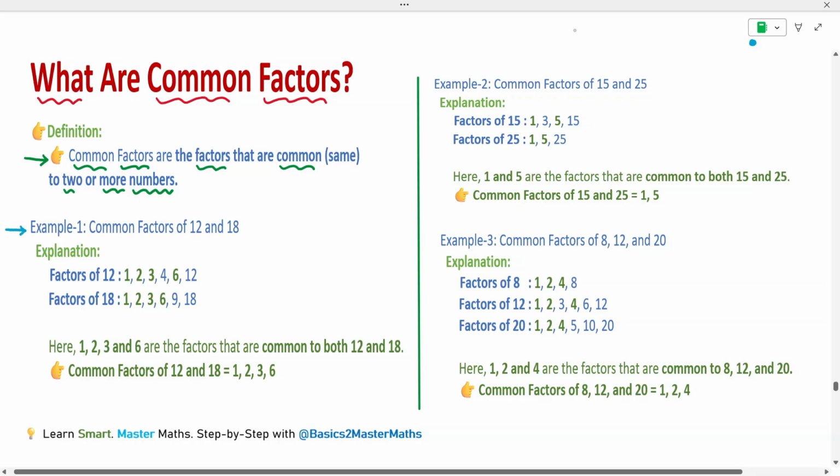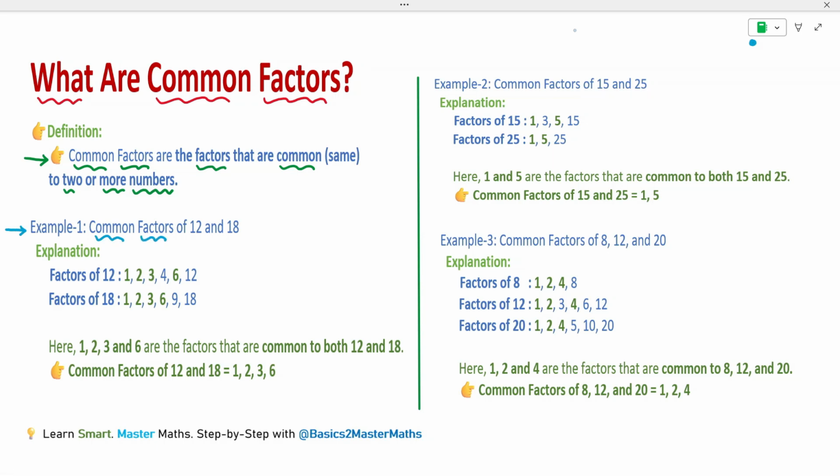Example 1. Common factors of 12 and 18. We know that factors of 12 are 1, 2, 3, 4, 6 and 12.